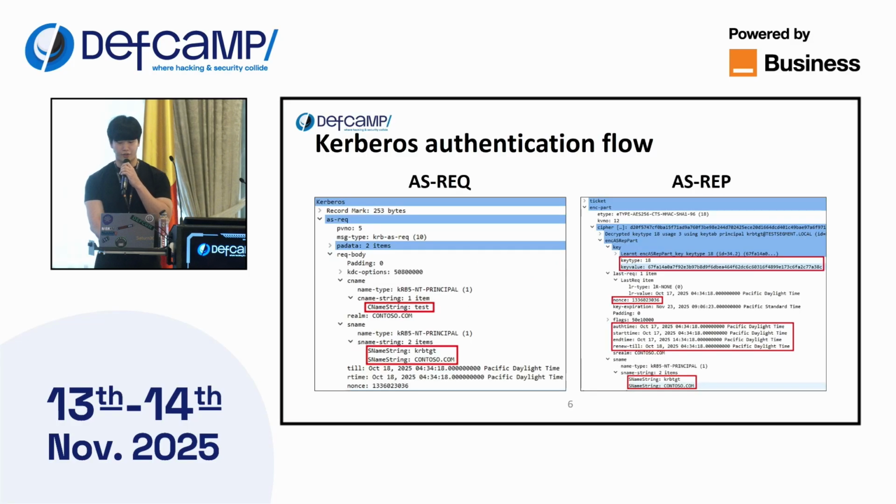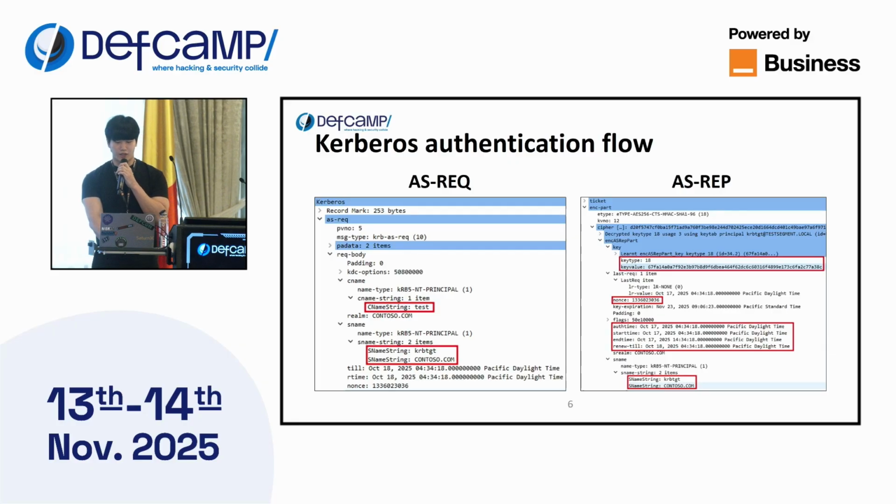Let's examine the actual packet of the pre-authentication stage using Wireshark. In the AS-REQ requesting a TGT, the client provides its own name as the CNAME and the desired service name as the SNAME. Although not visible in the packet, the encrypted section contains the client time encrypted with the client's NT hash.